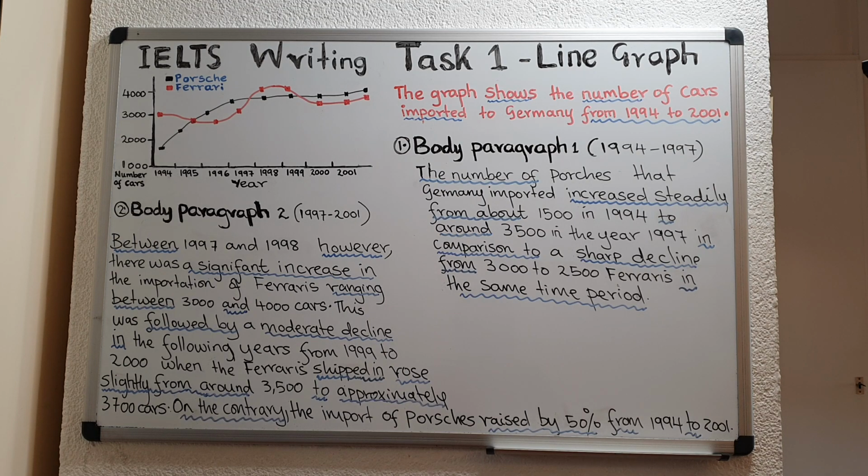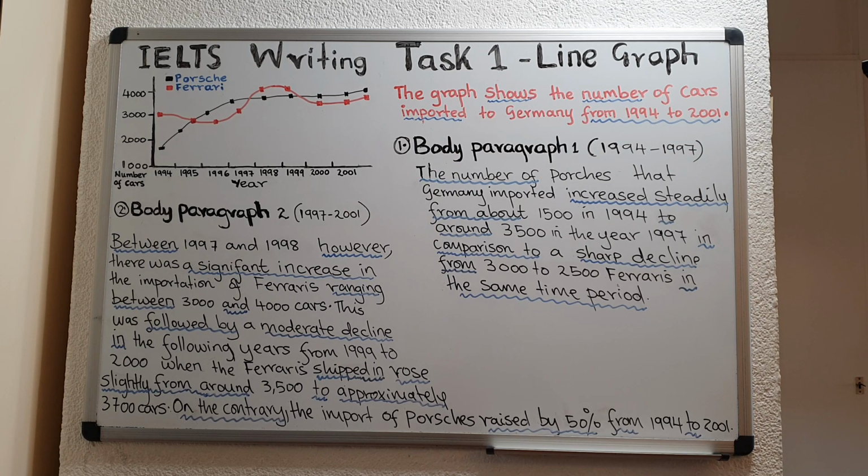So in the years 1994 to 1997, the Porsches increased in numbers, but the Ferraris declined in numbers, a sharp decline, meaning that the numbers went down drastically. They decreased by a lot.